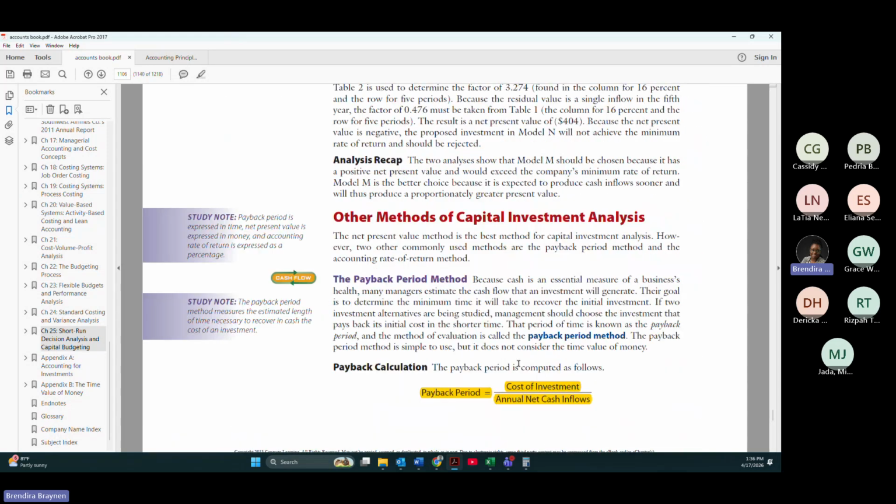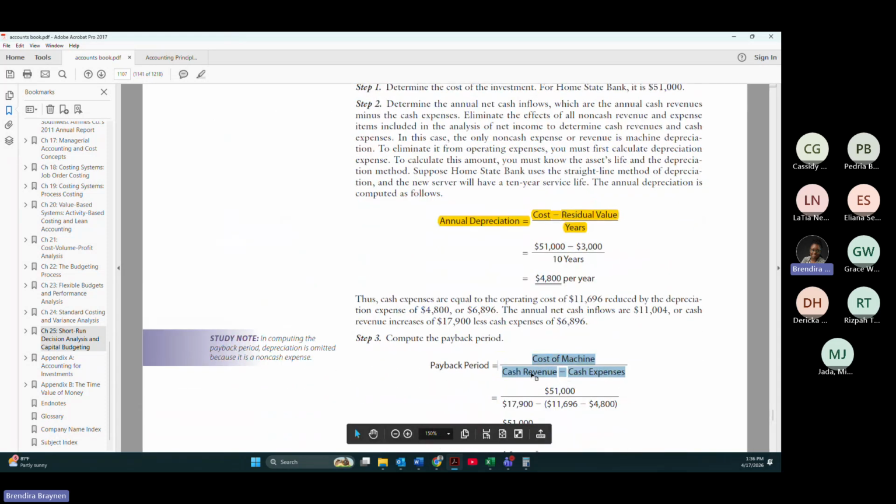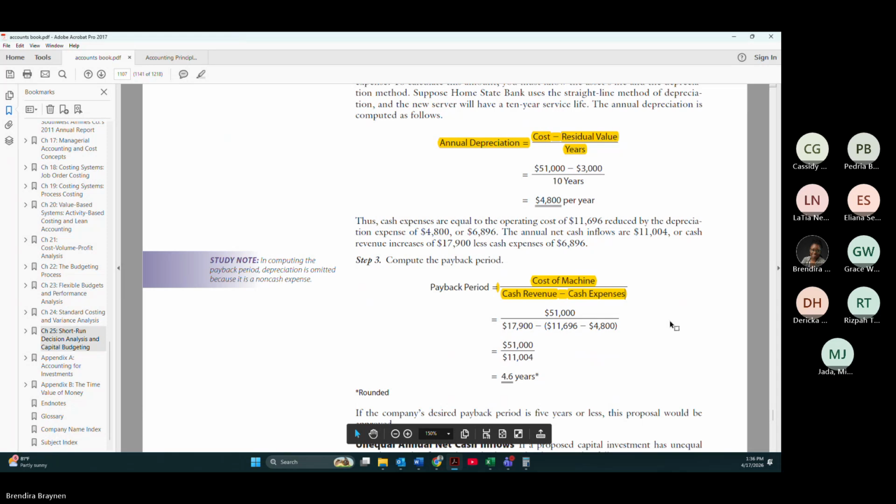That's the same thing as this. Annual net cash inflow is just cash revenue minus cash expenses. And so that's why we have to take depreciation out, because depreciation is not a cash expense. It's just an expense. Okay. Payback period, answer is always in years.